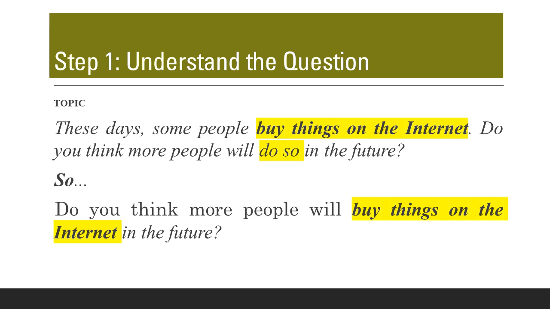The real question, you'll see it at the bottom of the page here, is do you think more people will buy things on the internet in the future? Okay. So when you see do so, be careful. It refers back to something before. So means buying things on the internet. Okay. So the question is, do you think more people will buy things on the internet in the future?